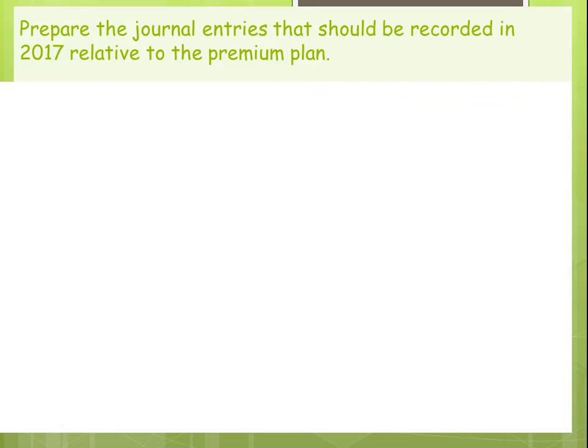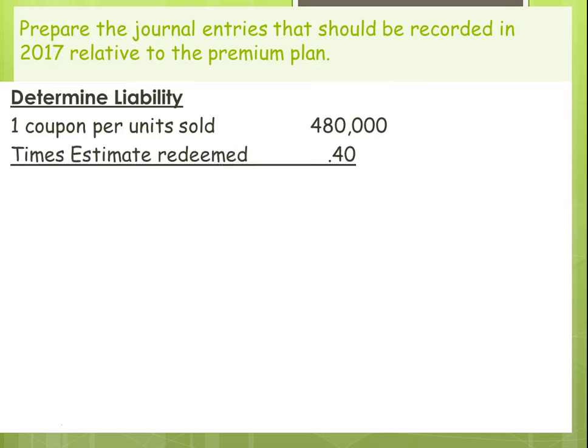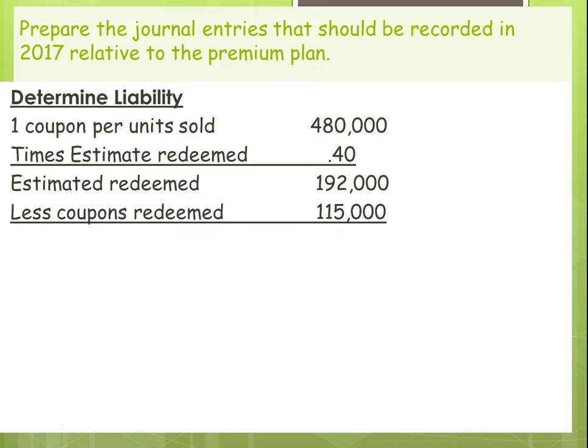Now, what else do we have to record? Well, we have to set up the liability for the remaining coupons outstanding. So, the liability, we know that we had 1 coupon per unit sold. We're estimating that 40% of those will be redeemed, which means that's 192,000. They have redeemed 115,000.